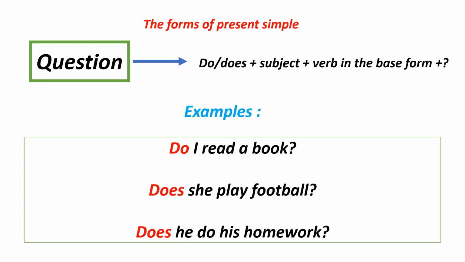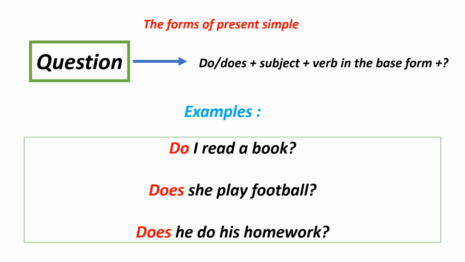Now I'll move to the last form in the present simple, the question or interrogative form. I must have a subject and do or does. It's the same as the negative, but a little bit changed. I must have a subject, then do or does. When do we use do and when do we use does?